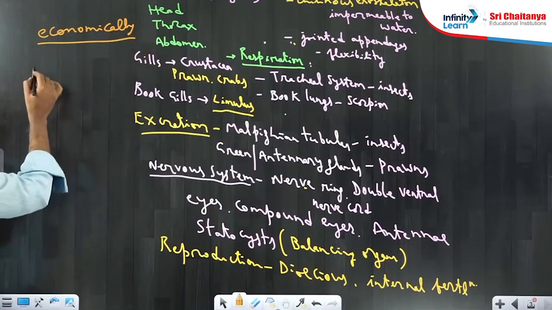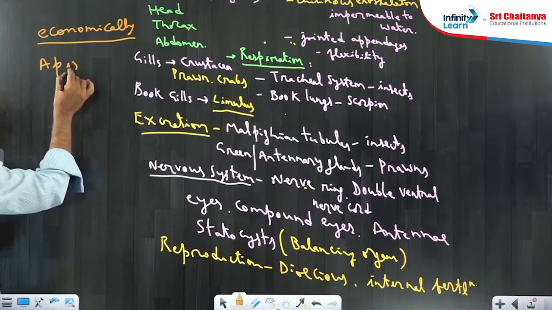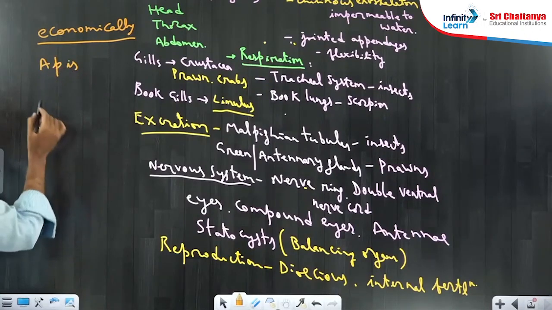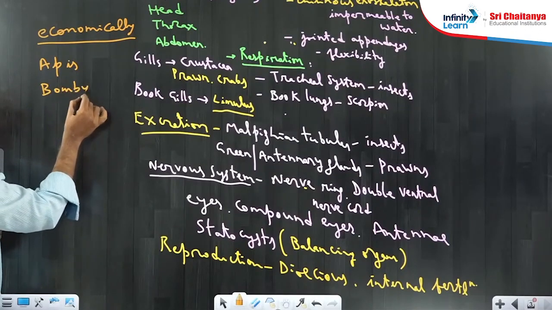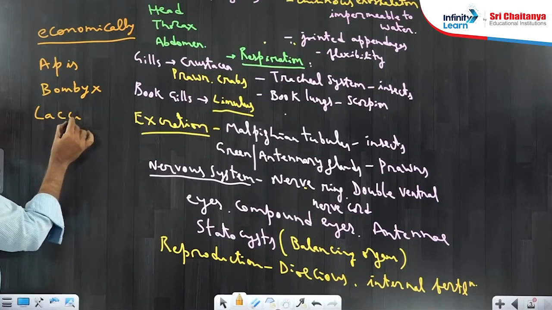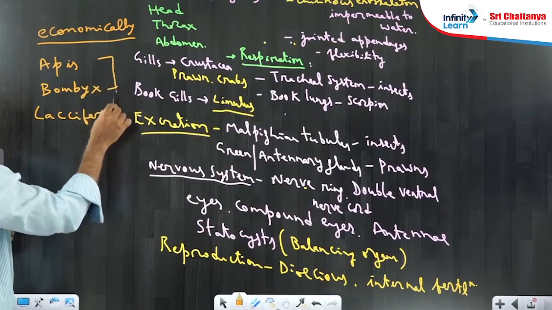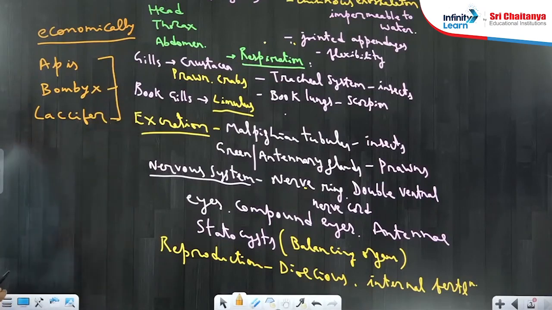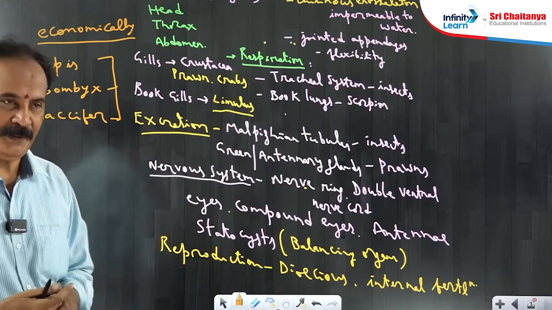Economically useful, like honeybee is called as the Apis, and silk moth is called Bombyx mori, and lac insect is called Laccifer. Honeybees, silk moth and the lac insect, these are all useful insects.